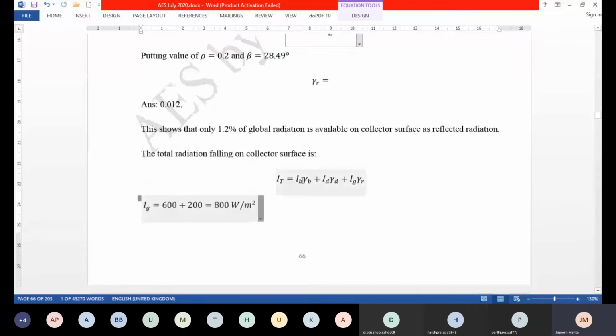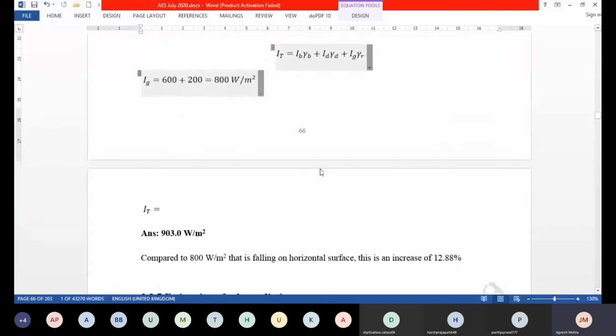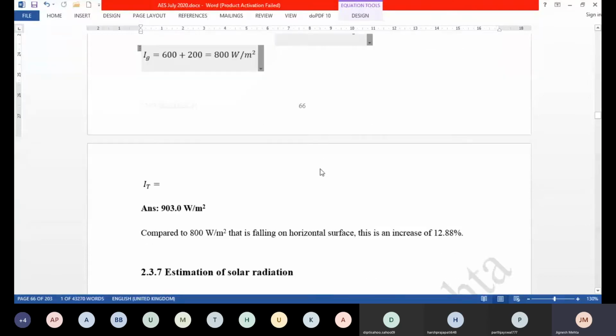So you may now put the values here and get the total value, which should be somewhere close to 903. So as you can see, if your collector is horizontal, how much would you get the total radiation? 600 plus 200, so 800 watt per meter square.